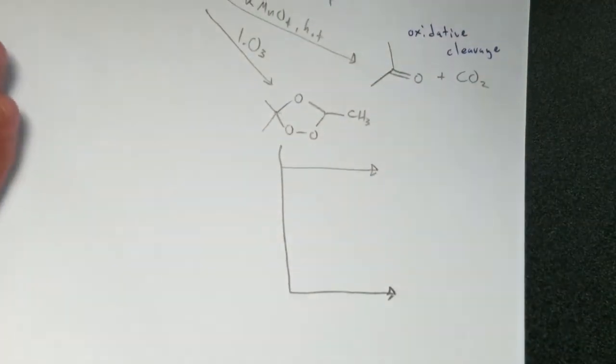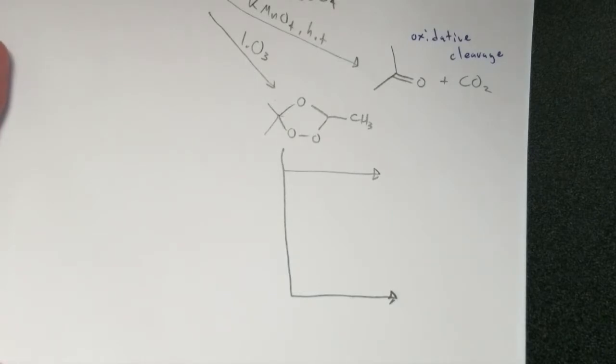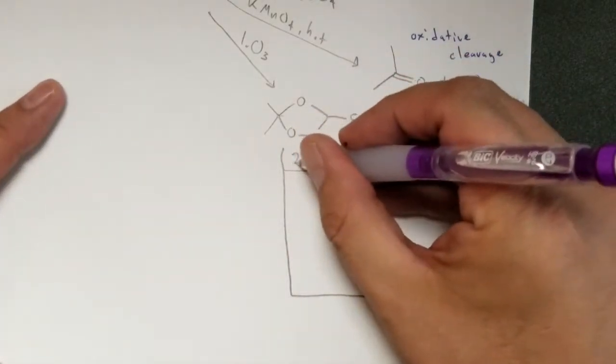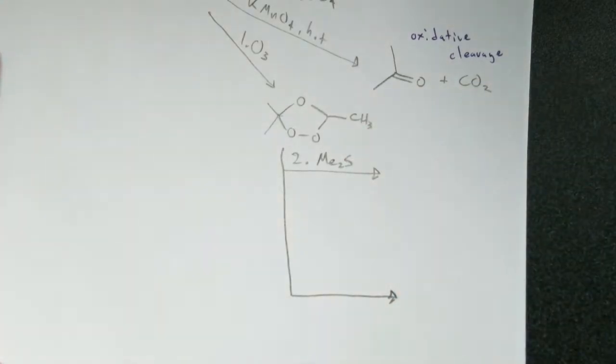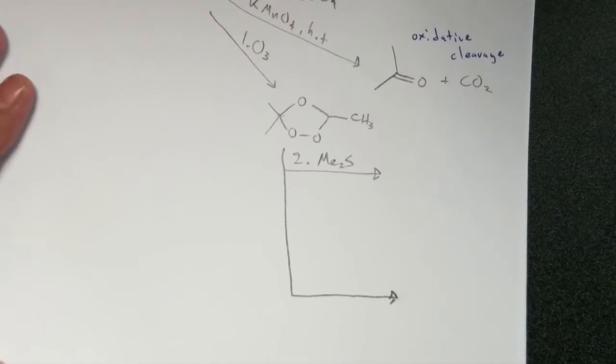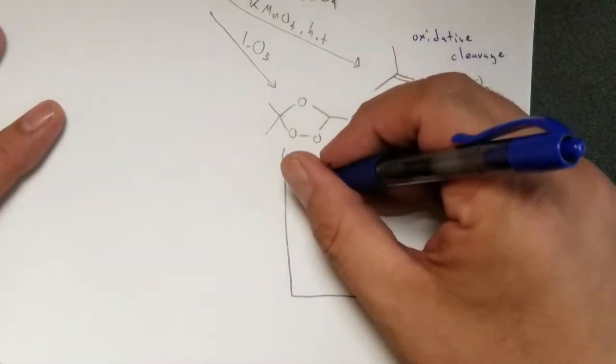Okay, so in most textbooks, their second step will be dimethyl sulfide, Me2S. And this particular reagent is redox neutral.